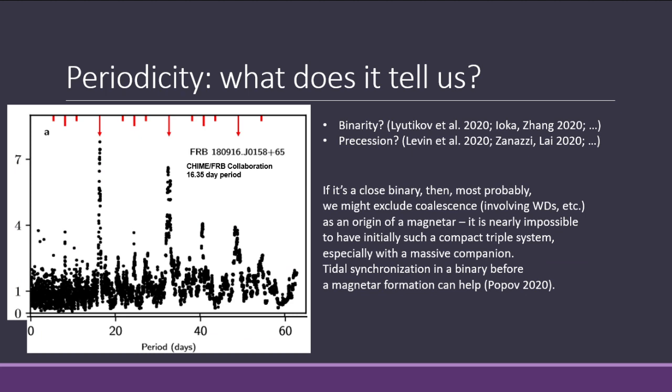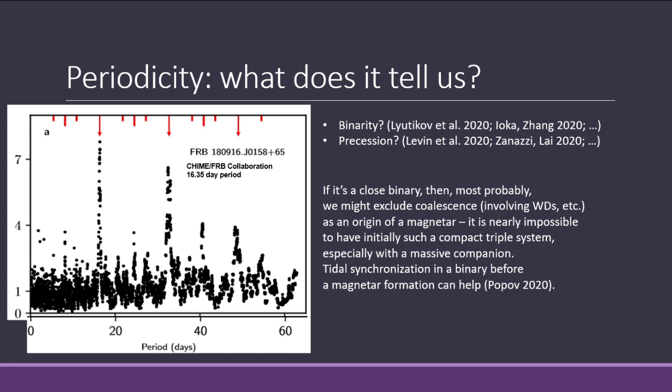Okay, periodicity, what does it tell us? That's another interesting thing. Sometimes people put forward hypotheses that the most intensive repeaters are peculiar magnetars formed in some exotic way, for example, due to coalescence of objects. And if this is the case, then of course periodicity cannot be related to binarity. And then it's quite important to identify the origin of this periodicity.